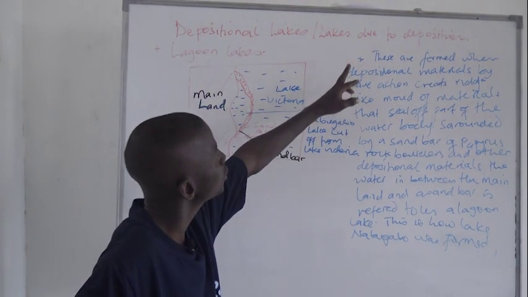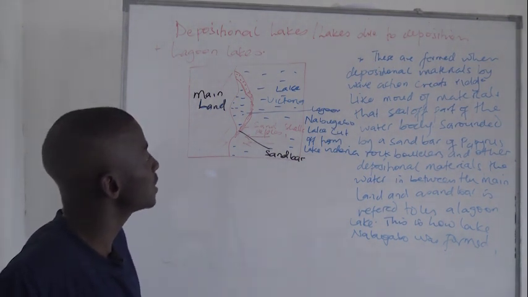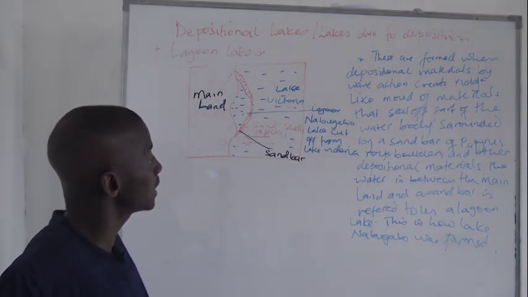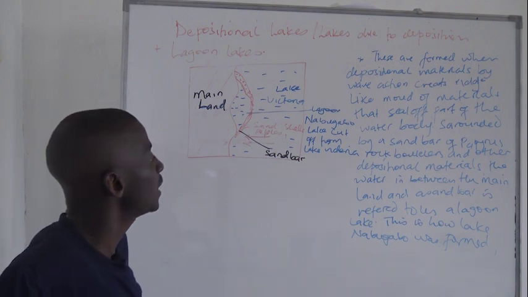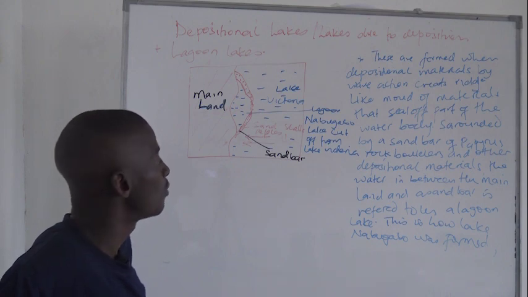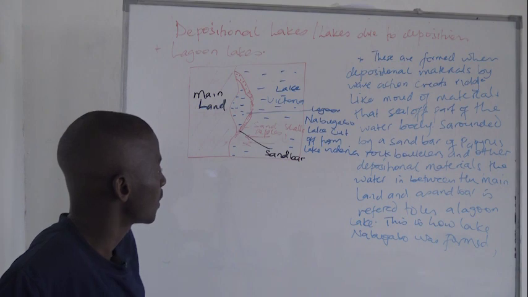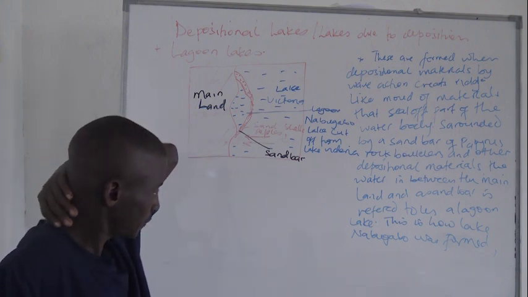Begin from the explanation. These are formed when depositional materials by wave action create a ridge-like mold of materials that seal off part of the water body, surrounded by a sandy bar of papyrus, rock boulders, soil, sand, and other depositional materials.